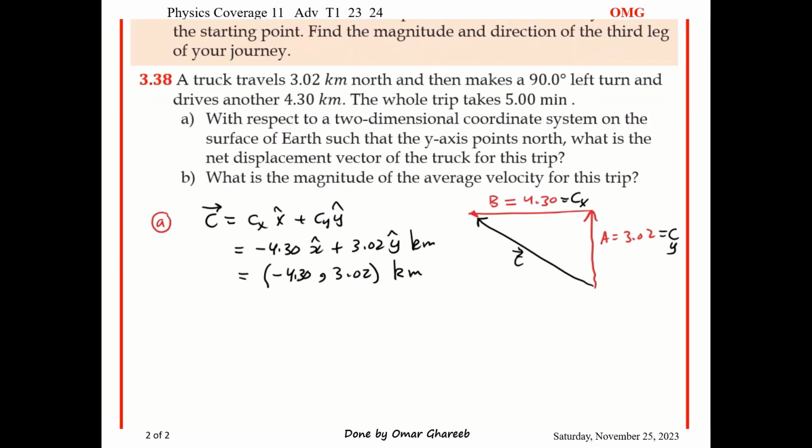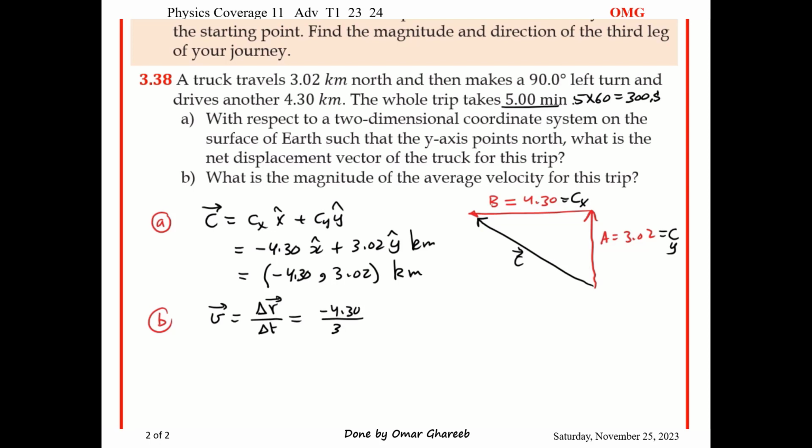Now, for B, we need the average velocity. The average velocity is delta R, which is C, over delta T. So it is minus 4.3 over the time interval, which is 5 minutes. The 5 minutes is 5 times 60, so it is 300 seconds.